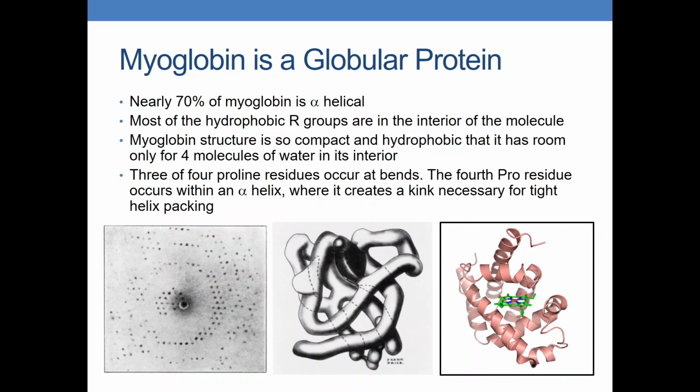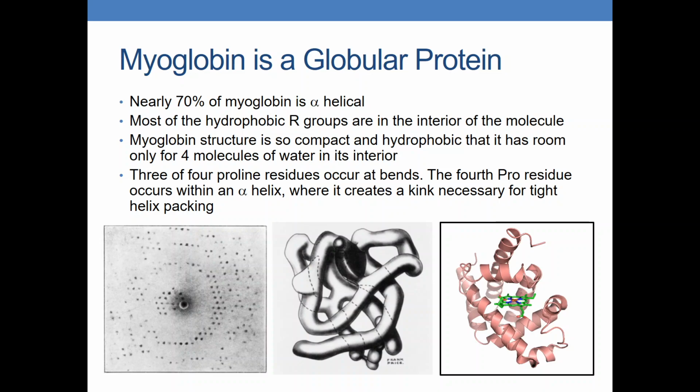Well, you've got connectors, these random coil structures that connect secondary structural features. So the other 30% are those connectors and other stuff. Most of the hydrophobic R groups for myoglobin are found in the protein interior.